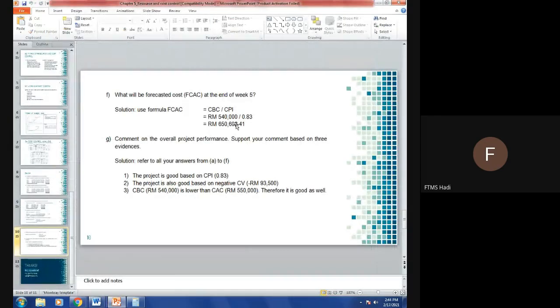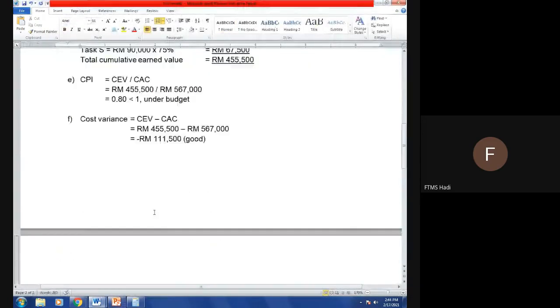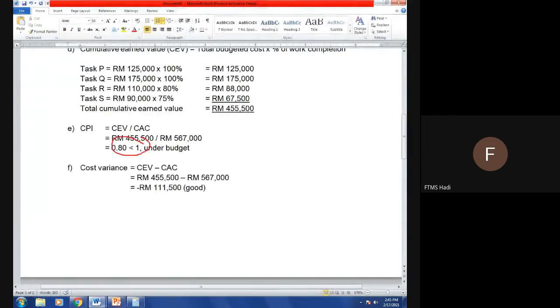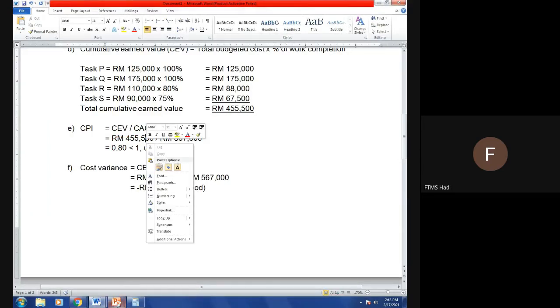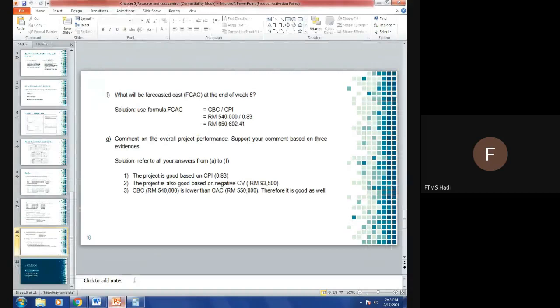And the last one, comment on the overall project cost performance based on all the above costing. So refer to your answers from A to F. The comment is based on your answers. The first is CPI, the second is CV, and the last one is the comparison between CBC and CAC.